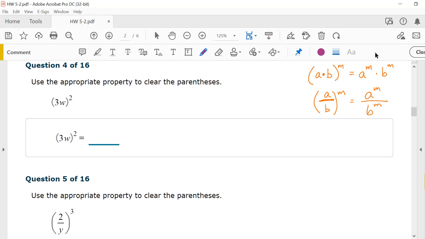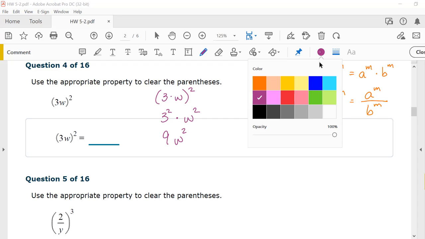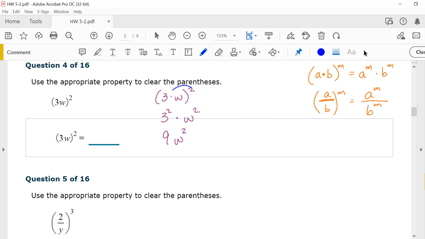All right, so let's look at 3w squared. You see that you're multiplying 3 times w, so you actually have 3 times w, squared. So that's going to be 3 squared times w squared. 3 squared is 3 times 3, which is 9, and then w squared. Now another way to look at this one, if you didn't see that you should distribute the exponent, 3w squared is actually 3w times 3w.